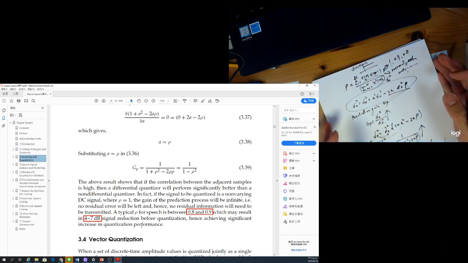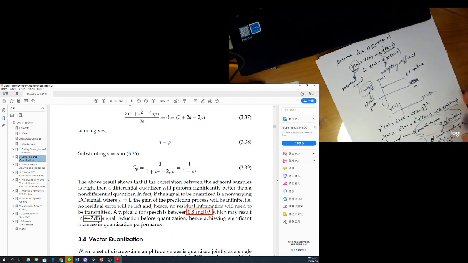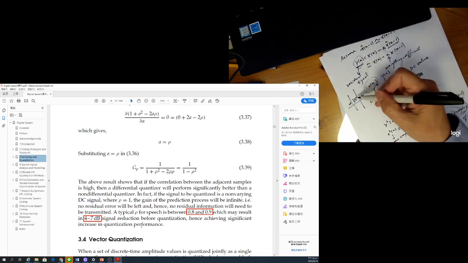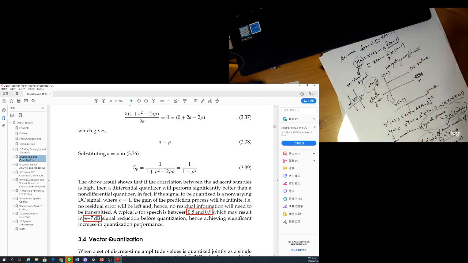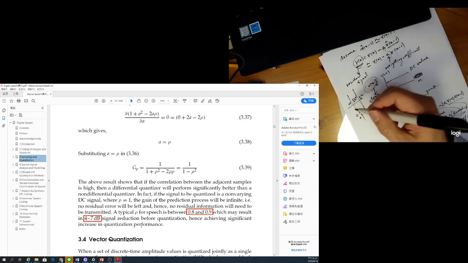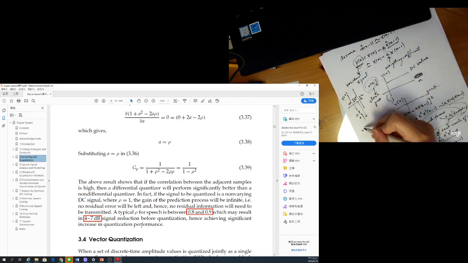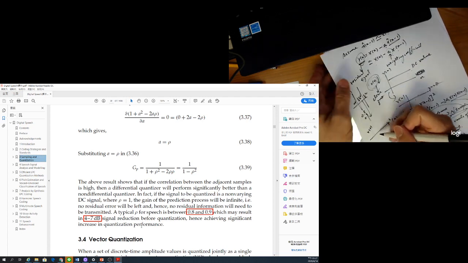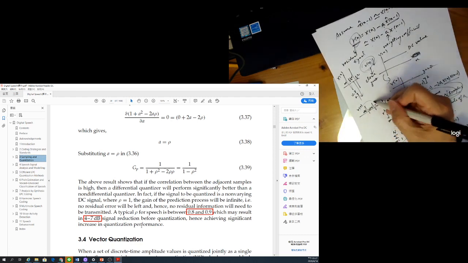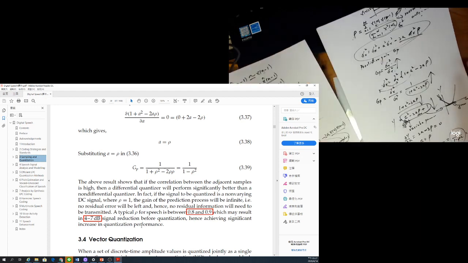The main idea is that our speech signal is highly correlated between neighbors, with rho around 0.8 or 0.9 depending on signal variation. If you do the differential, the dynamic range of the original signal becomes smaller, and the performance also becomes better.